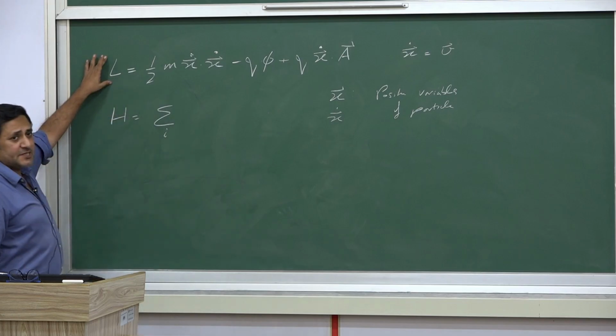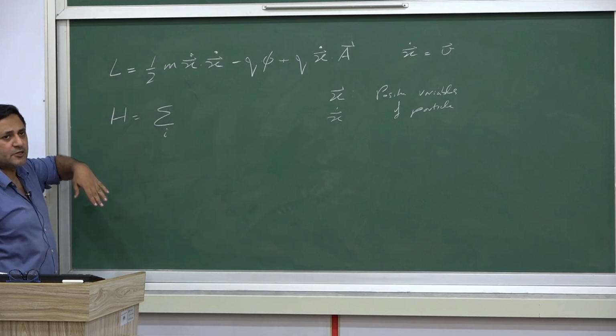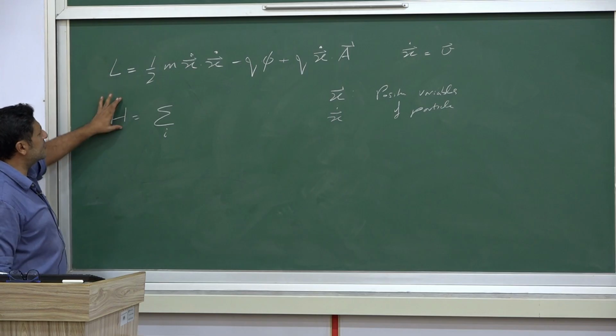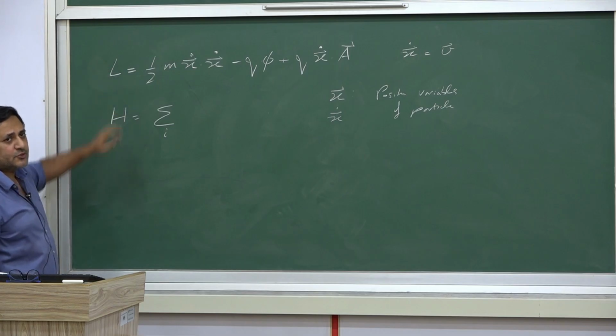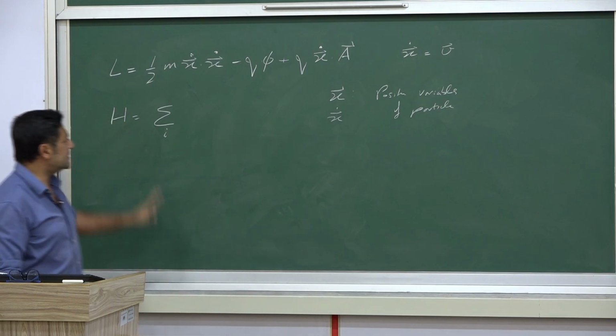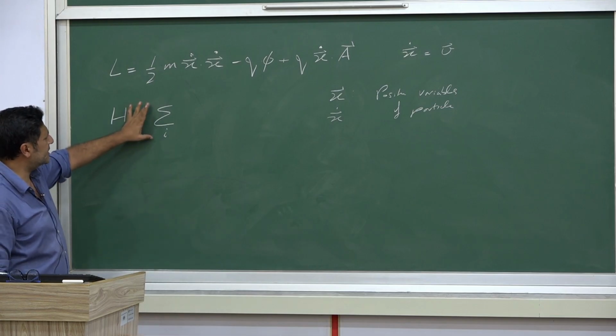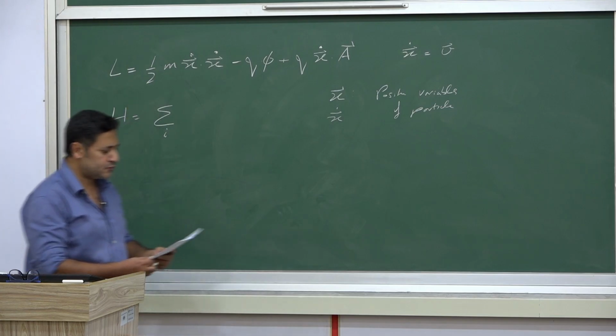But given a Lagrangian, there's another way to get the equations of motion. You do a transformation on it and convert it into a Hamiltonian. Let me say in the easiest words what you are supposed to do.